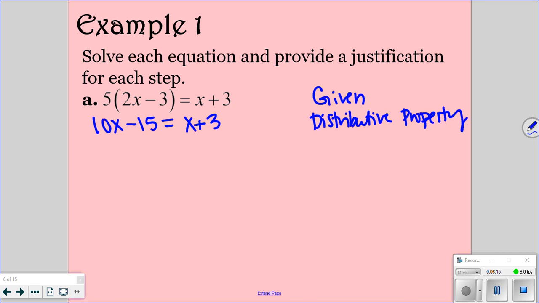Now I want to get my x's on one side of the equation. So to do that, I am going to subtract x from both sides.